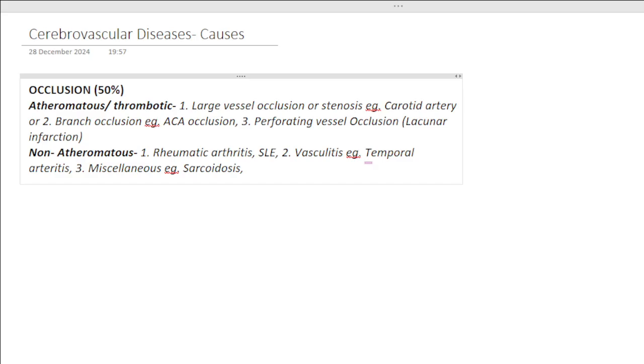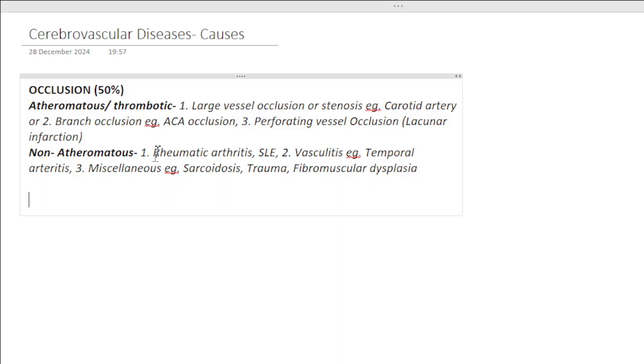It could be trauma, any kind of trauma. And there is a disease called FMD, not foot and mouth disease, it's fibromuscular dysplasia. So these are some examples of non-atheromatous causes which can cause occlusion, and that's the reason we are going to consider them.